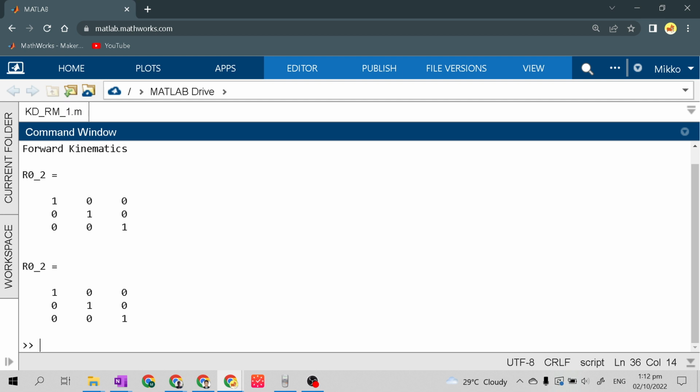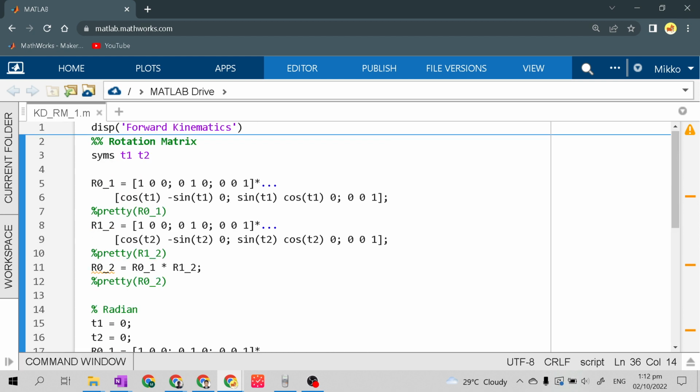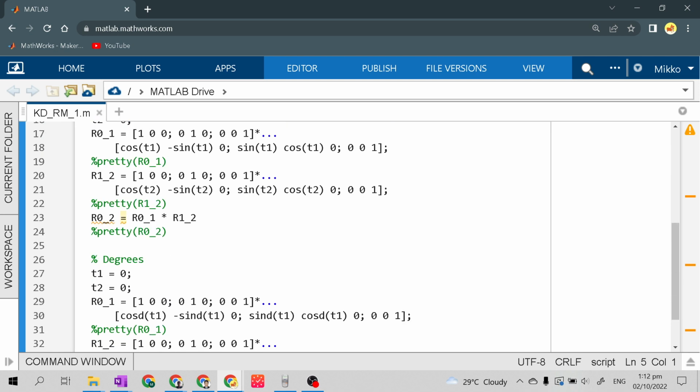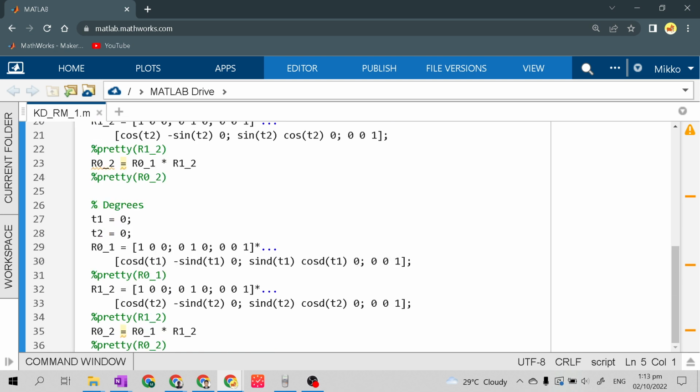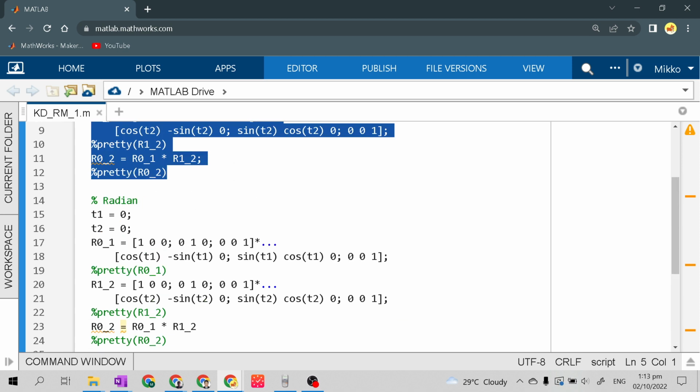So it means that our mechanical manipulator is not moving, because the rotation matrix of the mechanical manipulator is an identity matrix, based on the computed rotation matrix from the start up to the substitutions of T1 and T2 values.